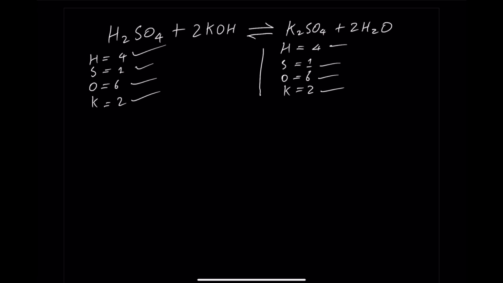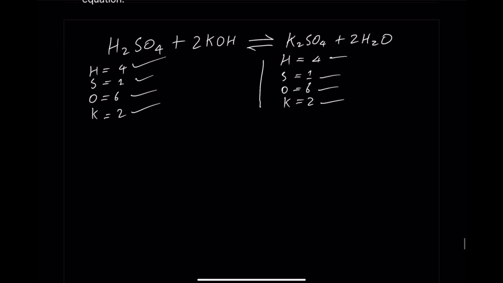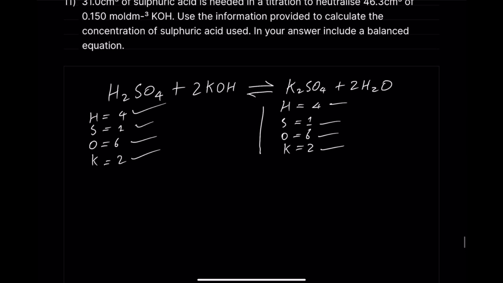Again, this is only if you don't know how to balance equations, but it's a little thing you could do to make sure you got your answer correct. Anyway, let's answer the question now.